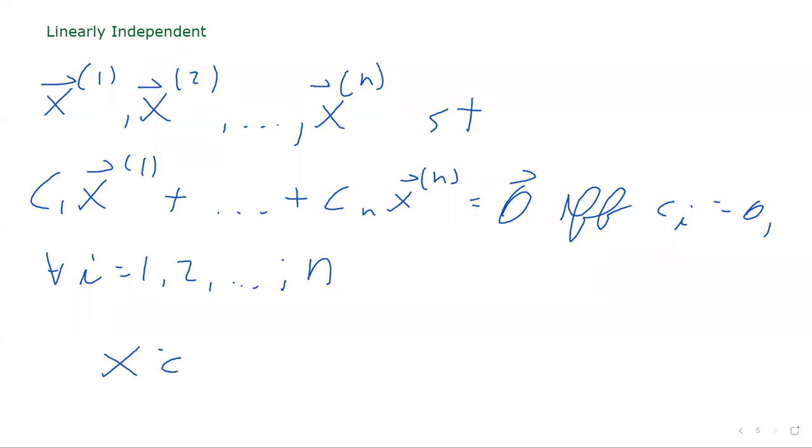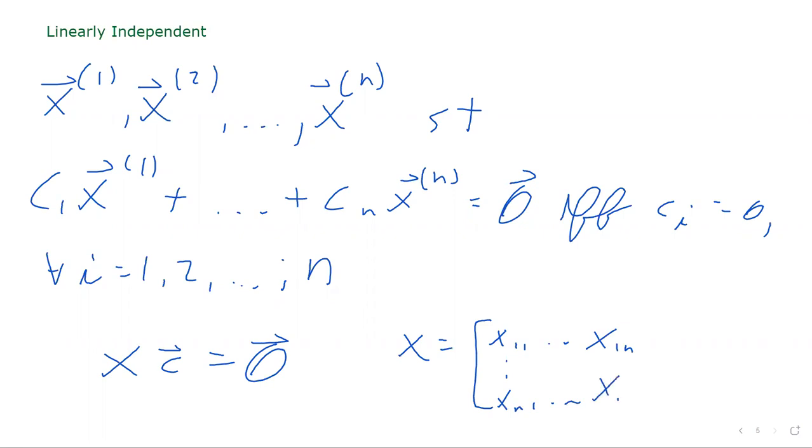Matrix x times vector c is equal to the 0 vector, where x is our x11 up to x1n, down to xn1 over to xnn, and the c is a column vector.